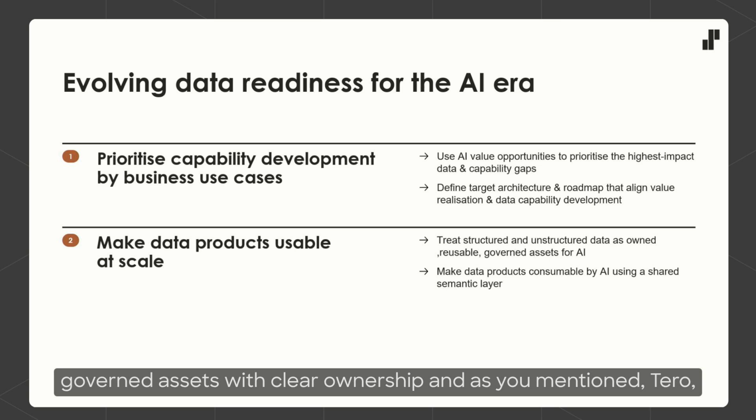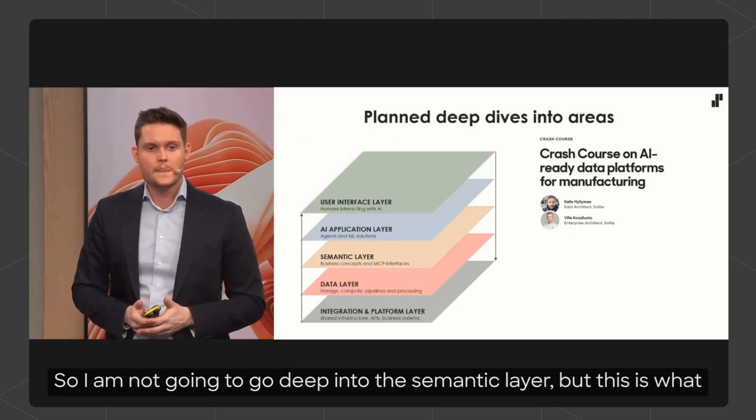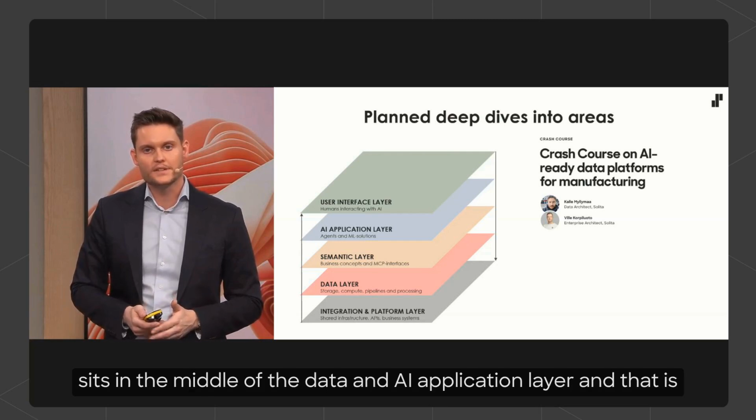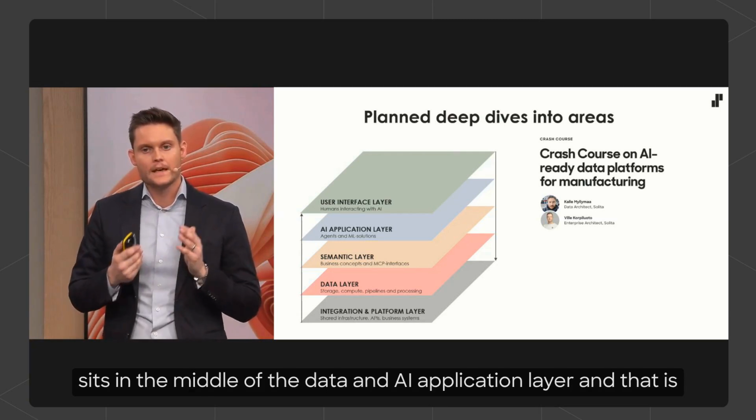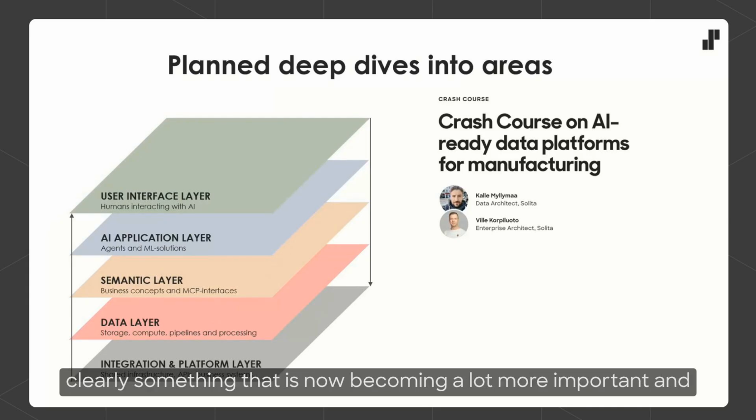And as you mentioned, Tero, that we also ensure that these data products can be consumed by different AI tools using what has now started to be referred to as a semantic layer. So I'm not going to go deep into the semantic layer, but this is what sits in the middle of the data and AI application layer. And that is clearly something that is now becoming a lot more important.